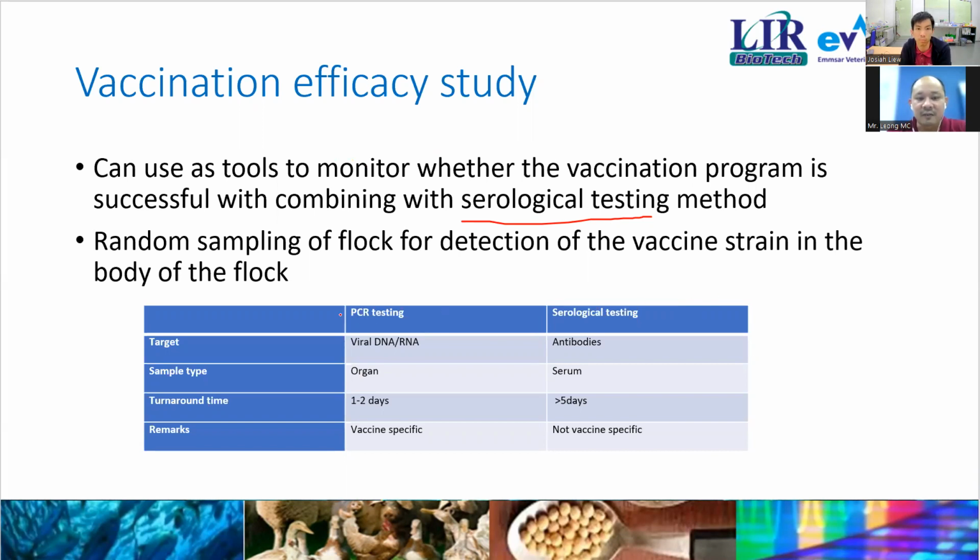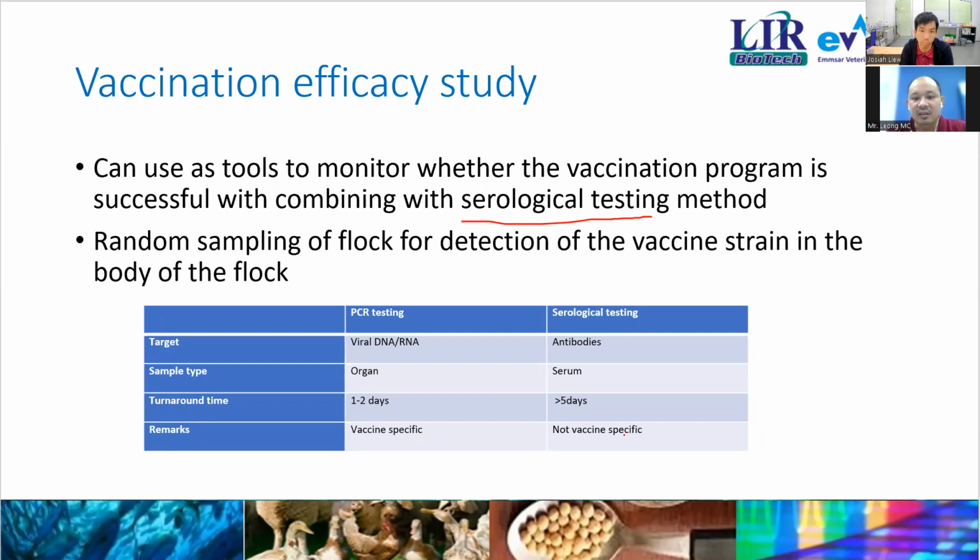But if you combine it with a PCR test, there is an advantage, because we can specifically target the vaccine-specific strain to ensure that the vaccine has been taken in by the chicken, and not from a wild strain infection or something.